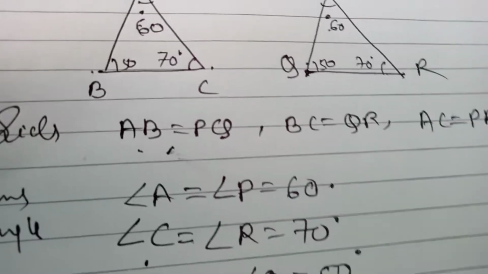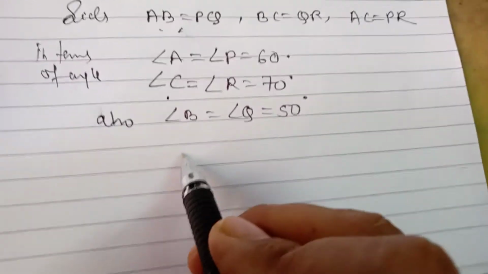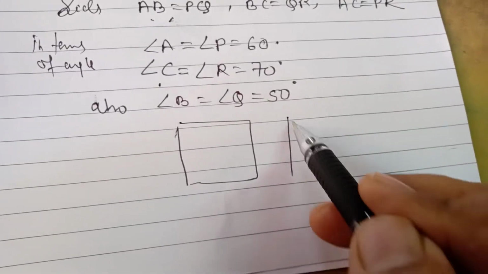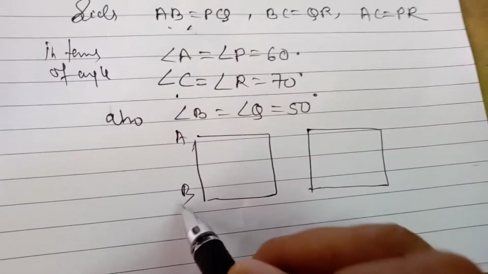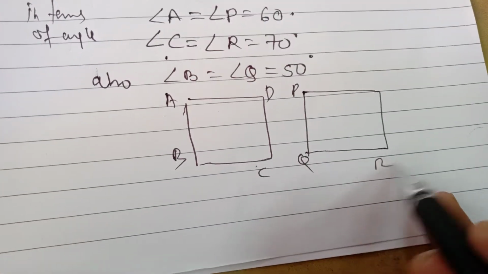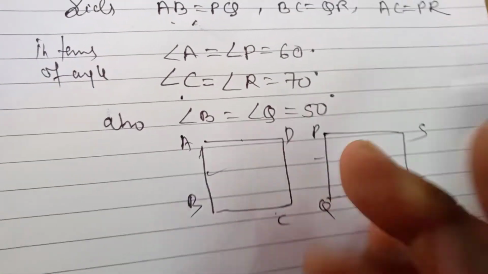I am not saying that this applies only to triangles; I could be talking about squares also. You can see the two squares I made here with equal lengths. So I can say that squares ABCD and PQRS are congruent when all the sides are congruent with respect to ABCD and PQRS.